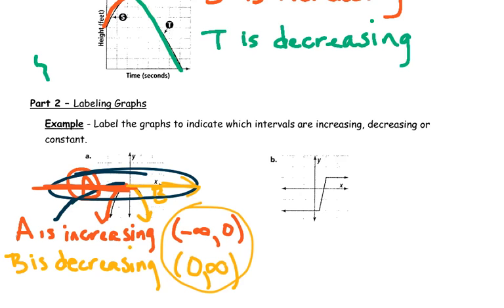Let's take a look at part B. So let's label this A. Let's label this part B and this part C. So interval A is not going up or down, so we say it is constant.